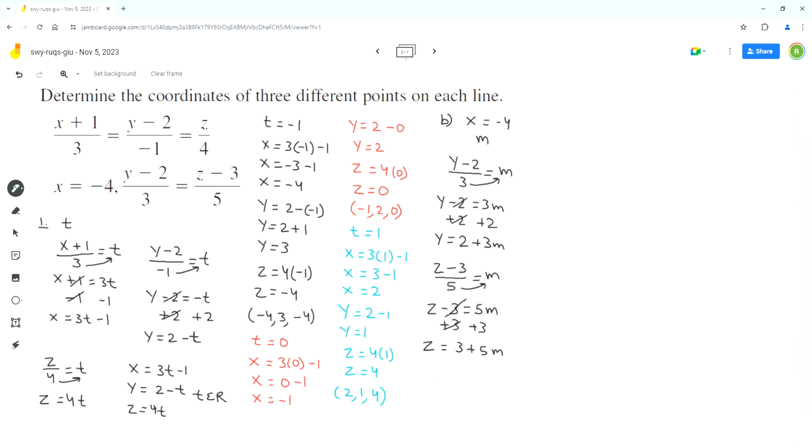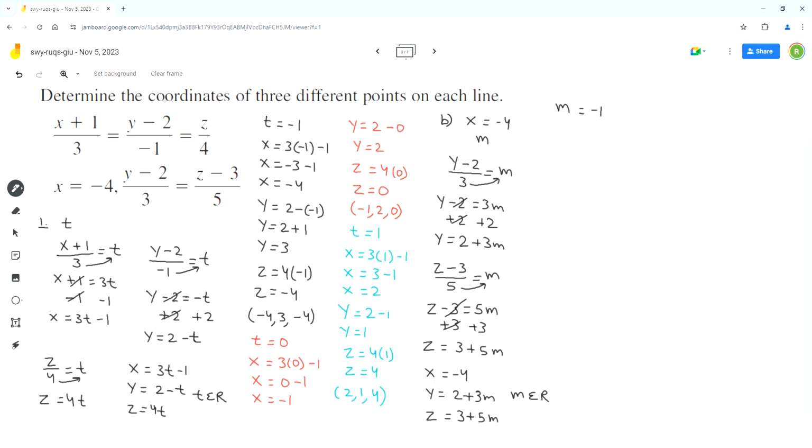So the parametric equations for this line are as shown. Now we have to use 3 different values for the parameter m to find 3 different points that lie on this line. So let's start with m equals -1.